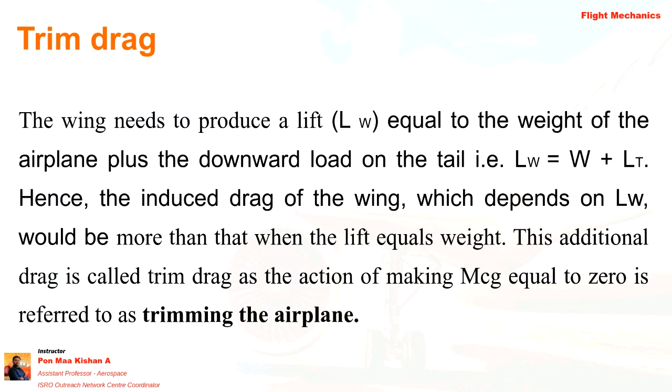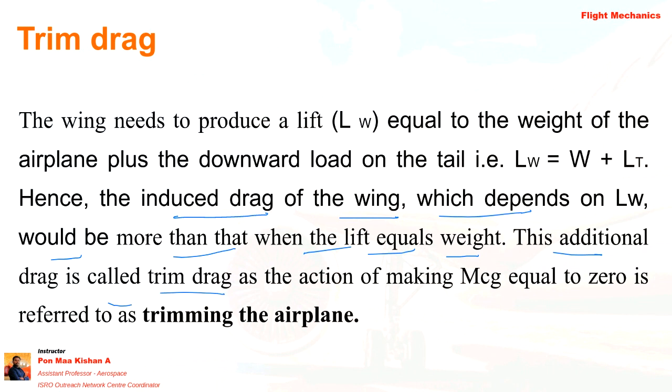Okay, so the additional drag which was created with the induced drag. The induced drag of the wing, which depends upon LW, would be more than that when lift equals weight. So this additional drag is called trim drag. In level flight, induced drag has some value.